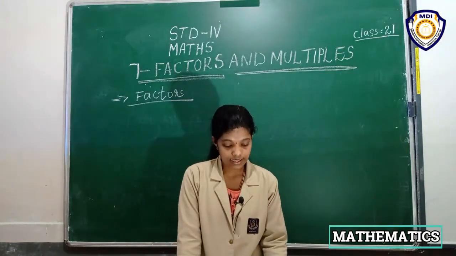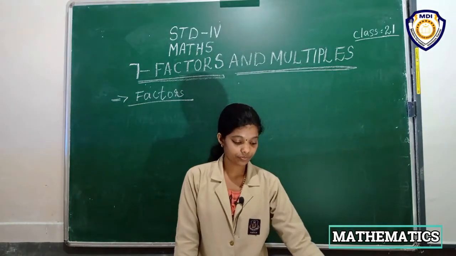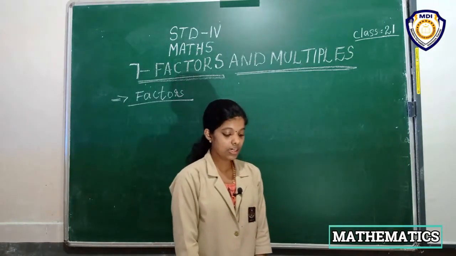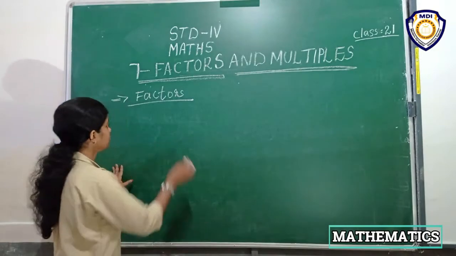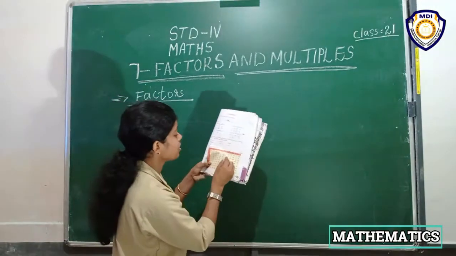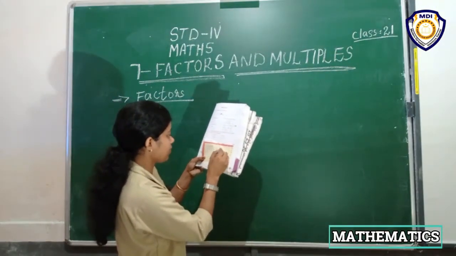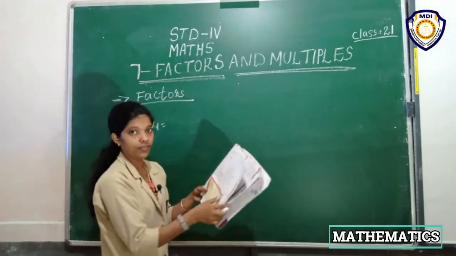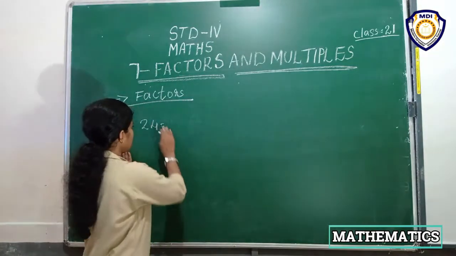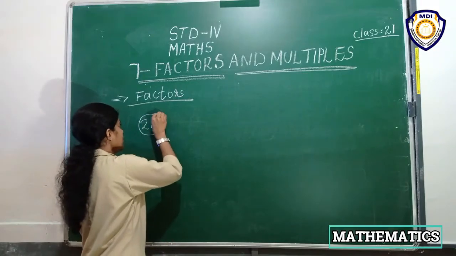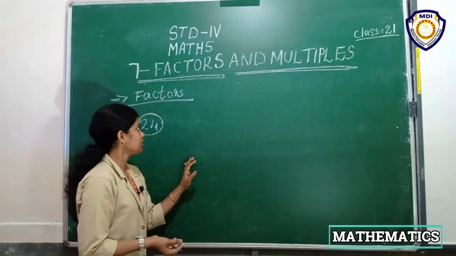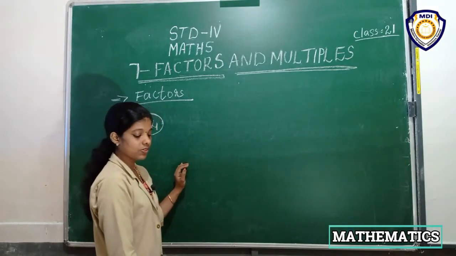Listen here. We can see 24 here. First, second one, third one, here and here. 24 is the number. We want to find the factors of 24.